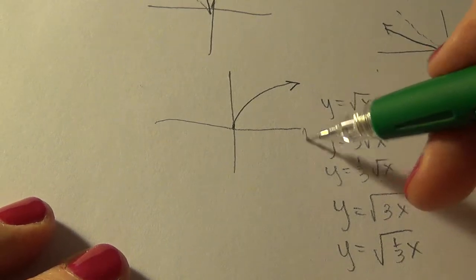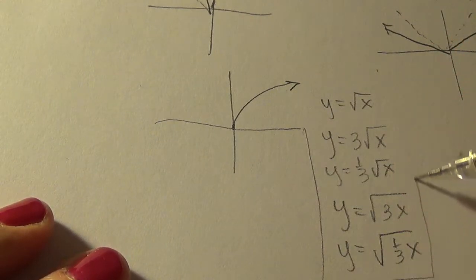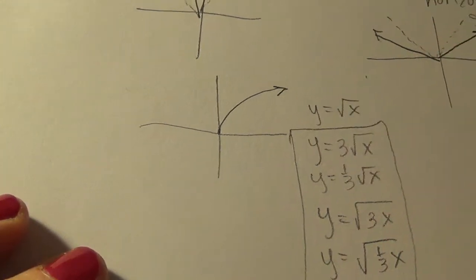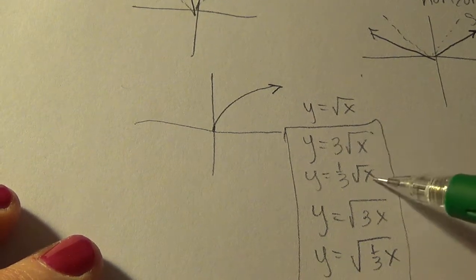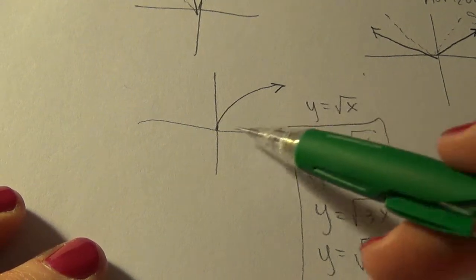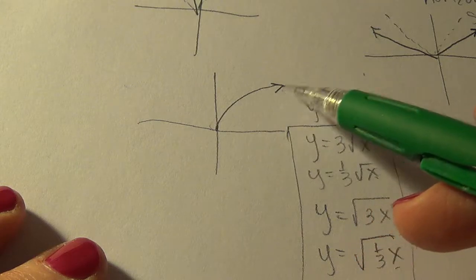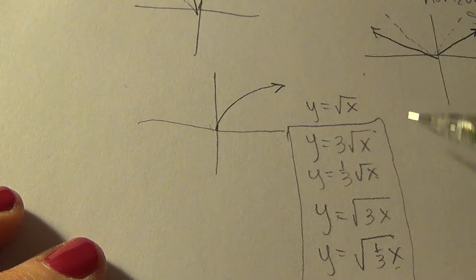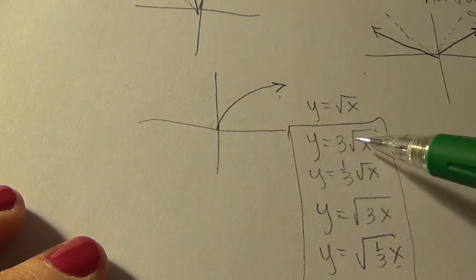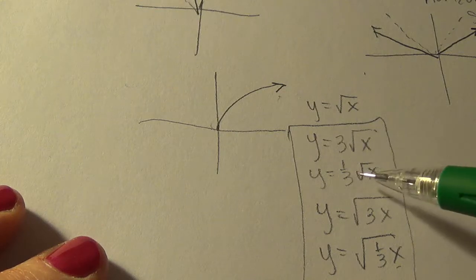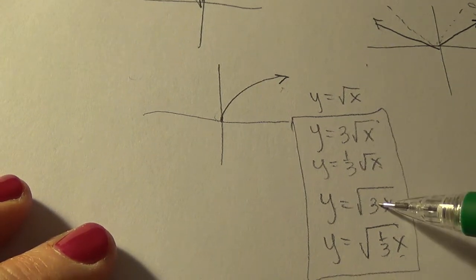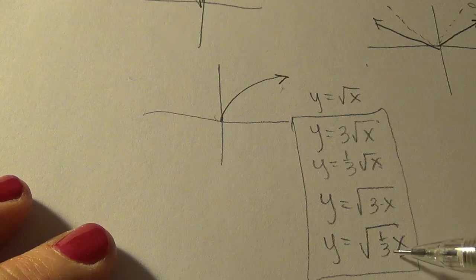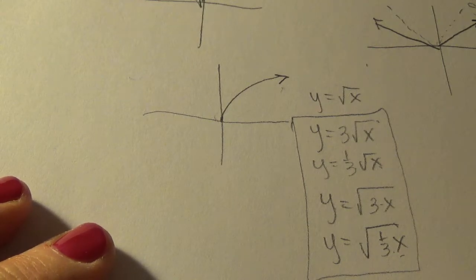Alright, I want you to be able to work on that, and we'll talk about it tomorrow. So think that through. What will that do to the original function, unaltered, if I put a 3 in front, a 1/3, a 3 inside the function as a factor, or a 1/3.